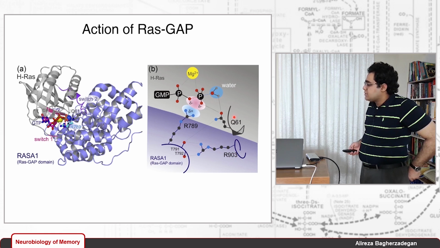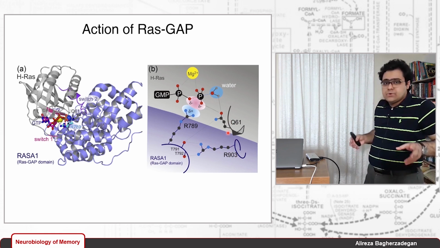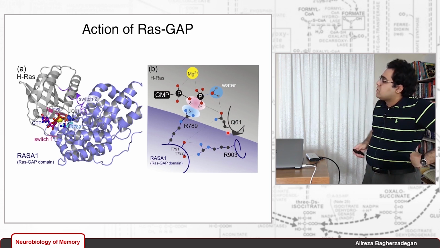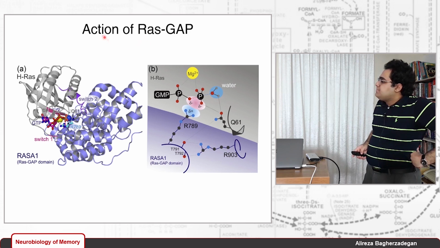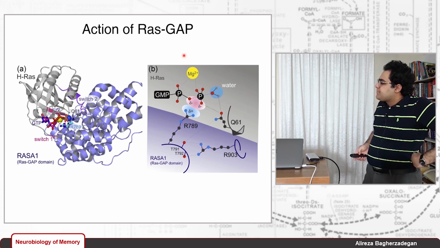So this one is also important. I just wanted to mention these two important amino acid residues and their roles in coordinating the molecules and in the hydrolysis of GTP.